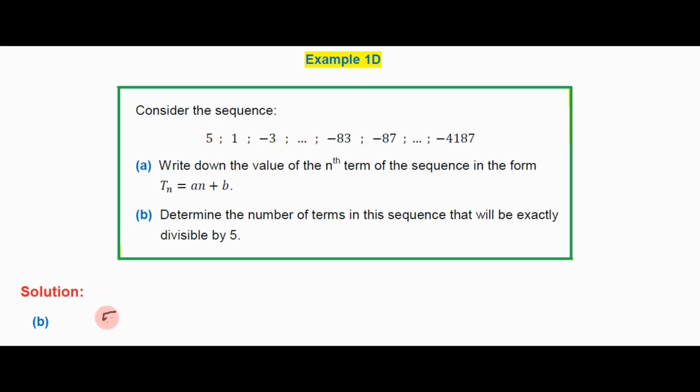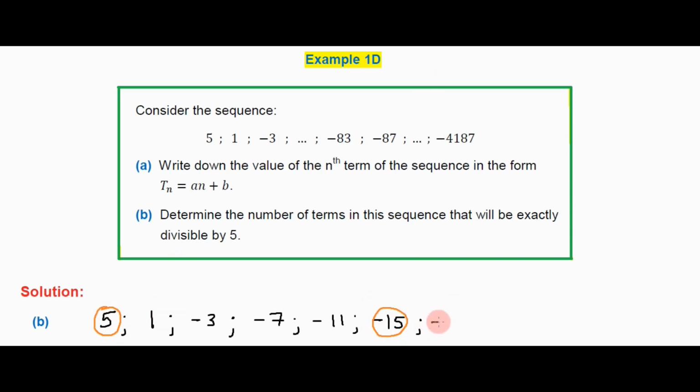So we have the first term 5, which is divisible by 5. The second term 1 is not divisible by 5. Neither is negative 3. We know that the common difference is negative 4, so we keep on subtracting 4. So we get negative 7, negative 11, negative 15. And negative 15 is divisible by 5. So we have at least 2 terms now divisible by 5. Let's continue.